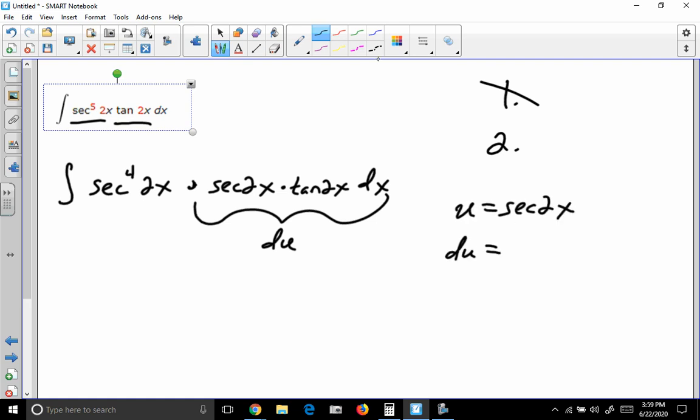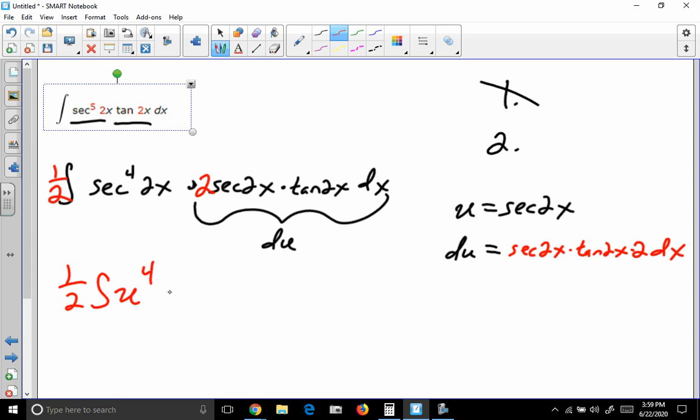So what exactly is du going to be? It's the derivative of secant tangent, times the derivative of the inside function, which is 2, times dx. So we have our secant tangent. We need a 2 here and a 2 on the bottom front. Secant, so u to the 4th, all of that is du.